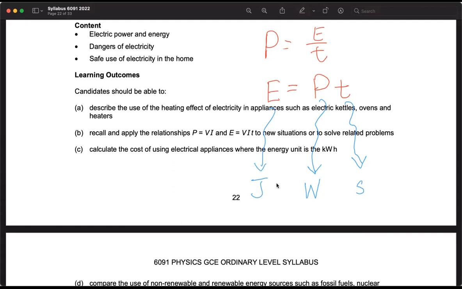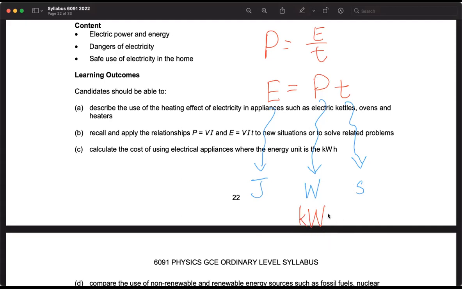Okay, so what do you need to do? Let me show you. Instead of watt multiplied by the time that is being used by your electrical appliances, to make the number smaller, we use kilowatt. For the power part, we use kilowatt instead of watt.